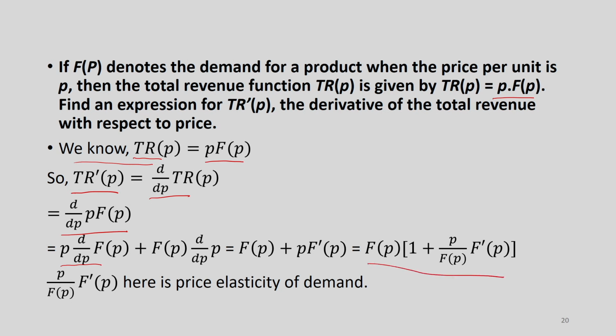If we take F(p) common, then within the brackets we have this expression: 1 plus p divided by F(p) multiplied by F'(p). Here remember, F(p) is the demand function. Demand function is a function of the price, and as we have noted here, F'(p) multiplied by p divided by F(p) is called the price elasticity of demand.